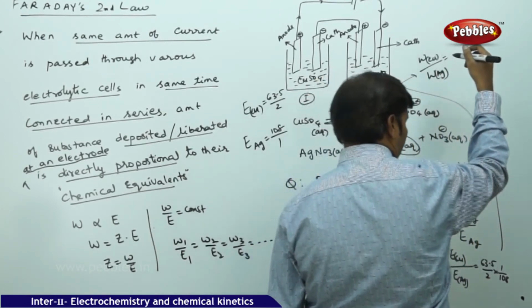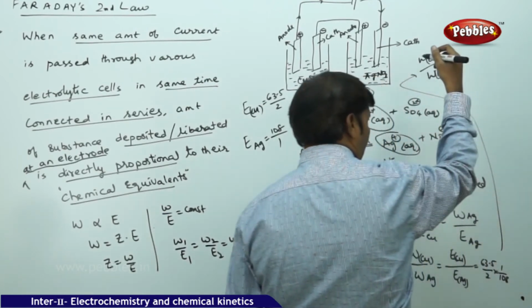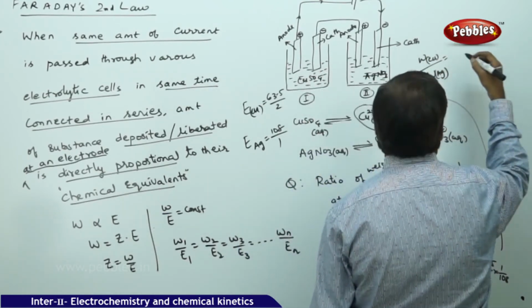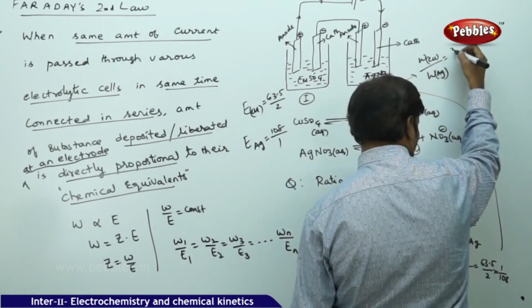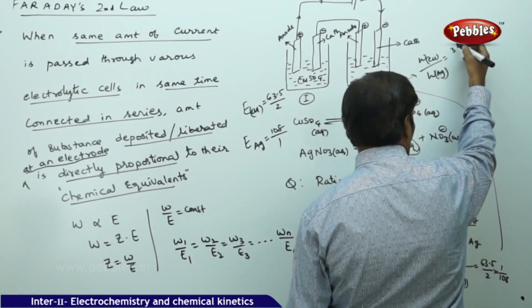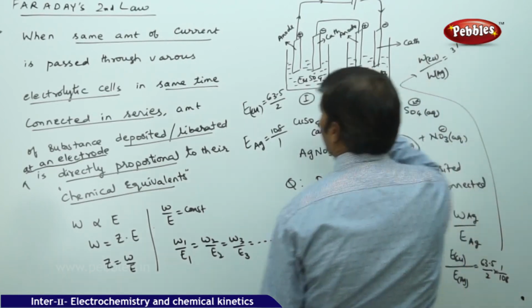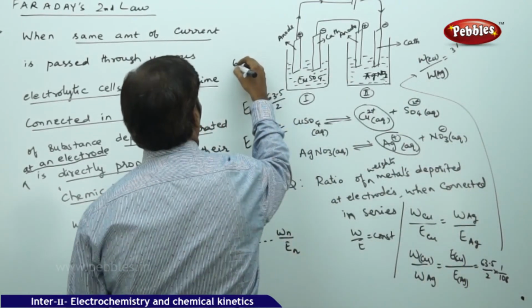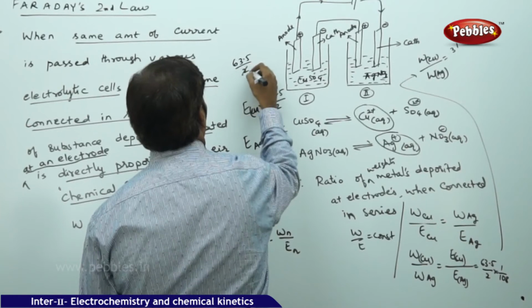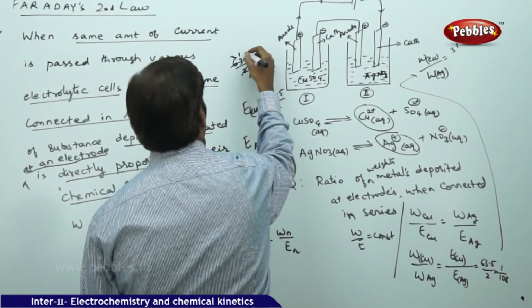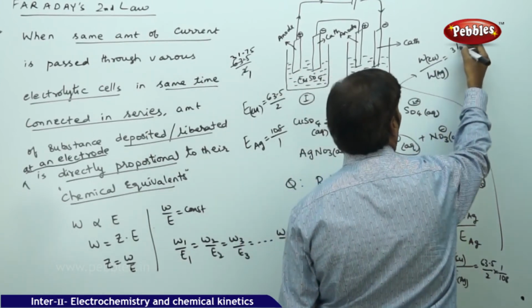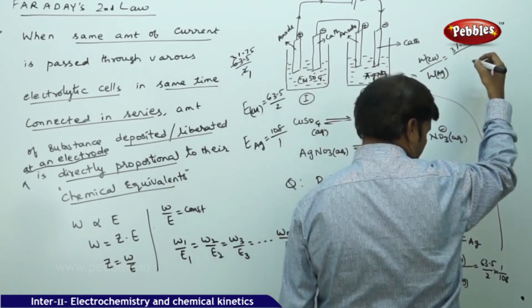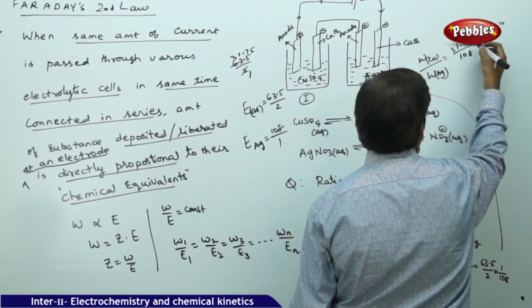weight of copper divided by weight of silver is equal to 63.5 divided by 2, which is 31.75, divided by 108.